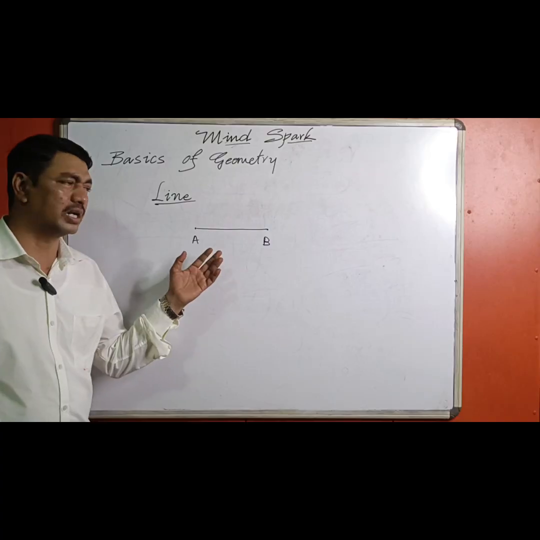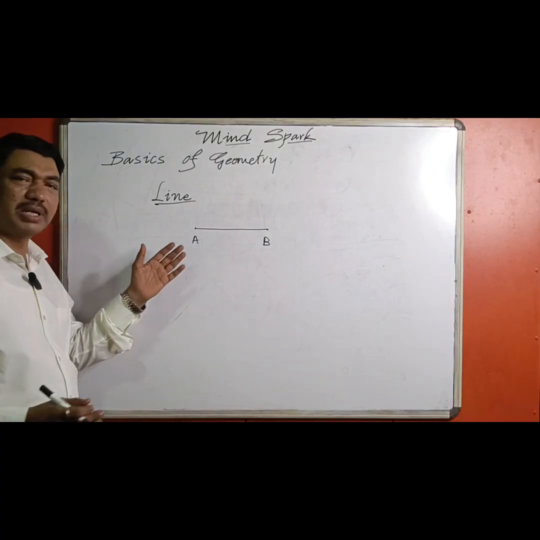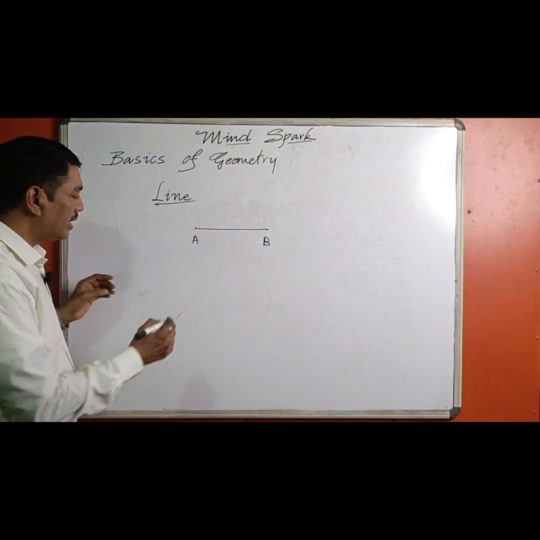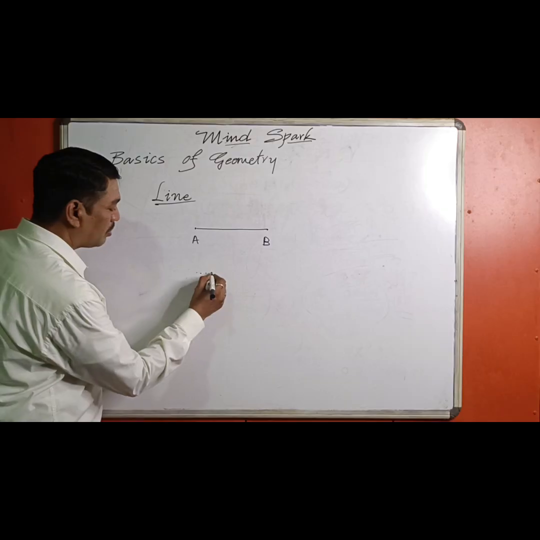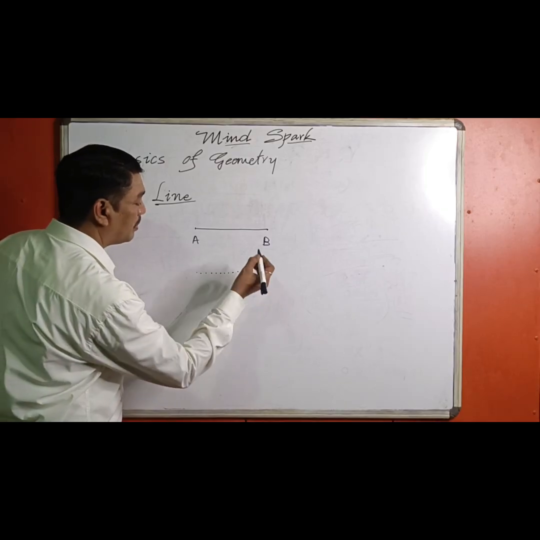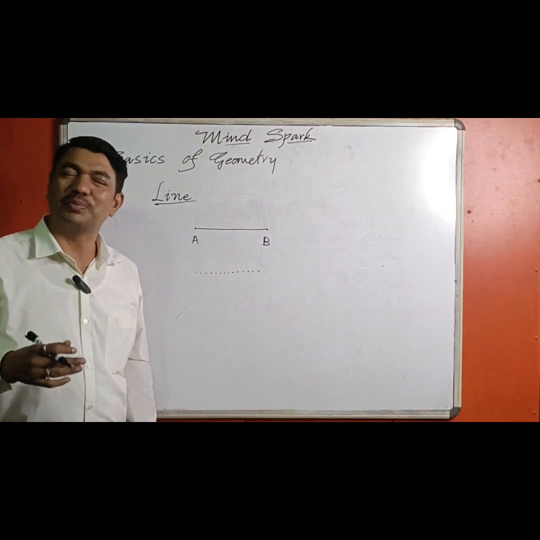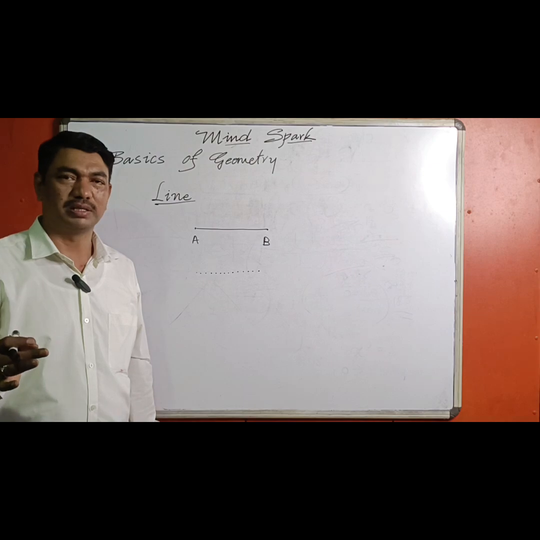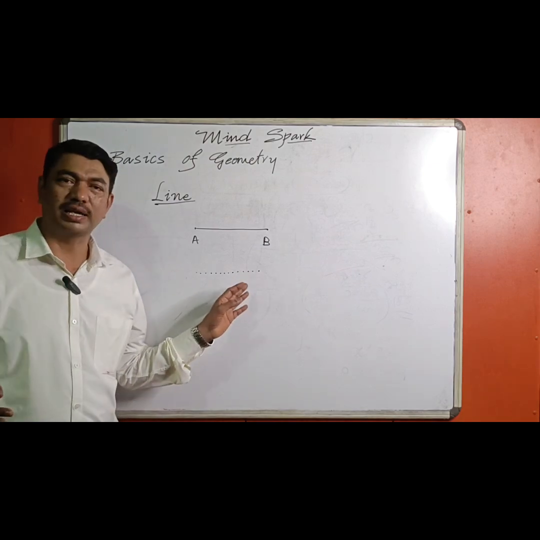Another definition: a line can be created by an infinite number of points in a straight path. This also creates a line.